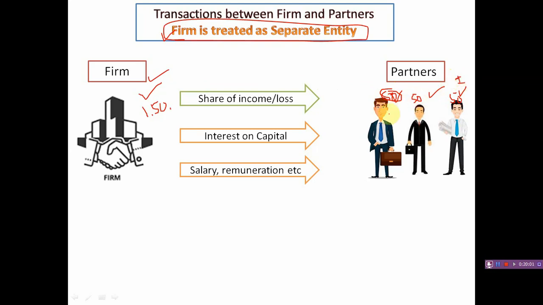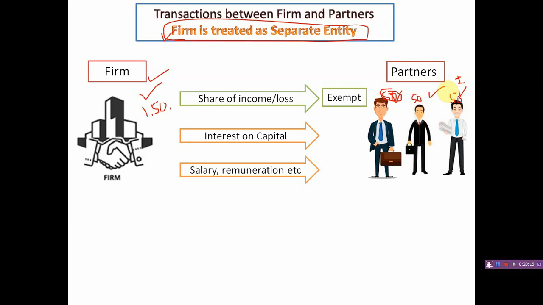So the question is, how do you treat this income in the hands of partner? This income is exempt from tax. This income is not at all taxable in the hands of partner.